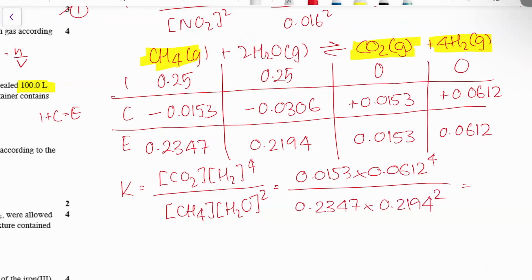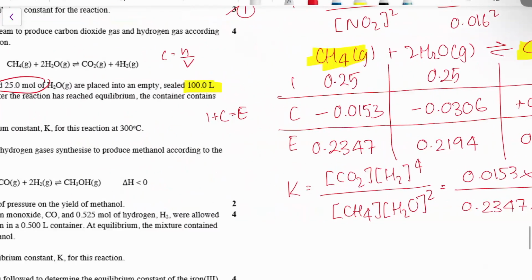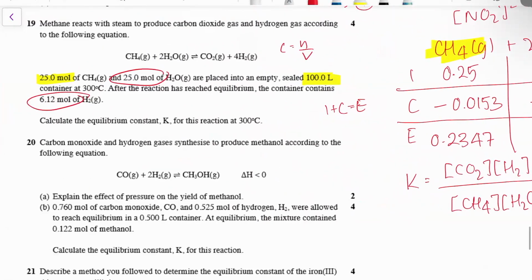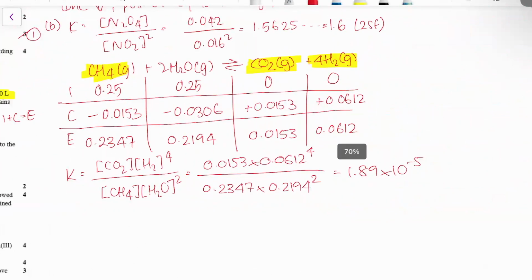What do we get for K? 1.89 times 10 to the minus 5, and this is 3 sig figs. So that's 1.89. Good.